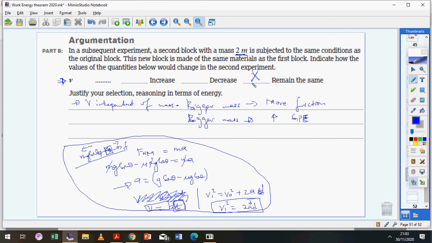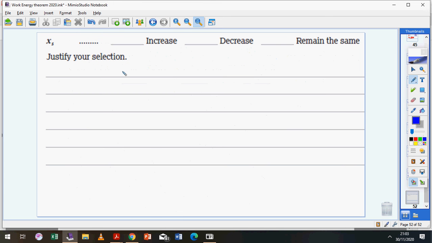And finally, what about the compression of the spring? Well, a bigger mass compared to a smaller mass, even though they both have the same velocity, what do you think is going to happen to the compression of the spring with the same spring constant? What do you guys think?